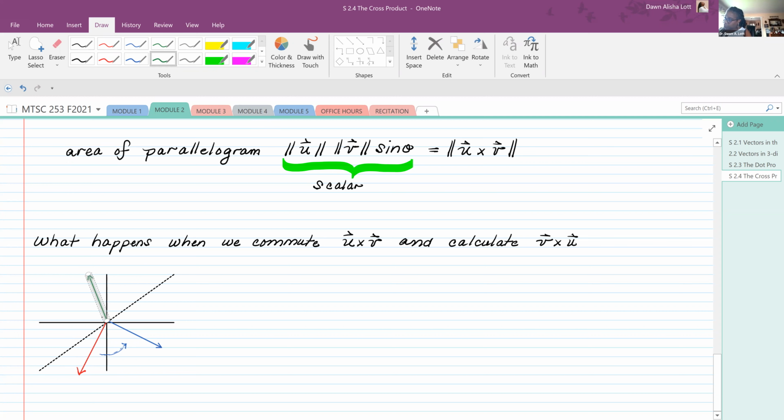So that vector is perpendicular to U and it is perpendicular to V. So this is U and this is V. I get this vector U cross V. But now if I do V cross U, it goes in the other direction. Because remember, this is the right-handed rule. So the right-handed rule is we're going in the direction of one vector crossing the other vector.